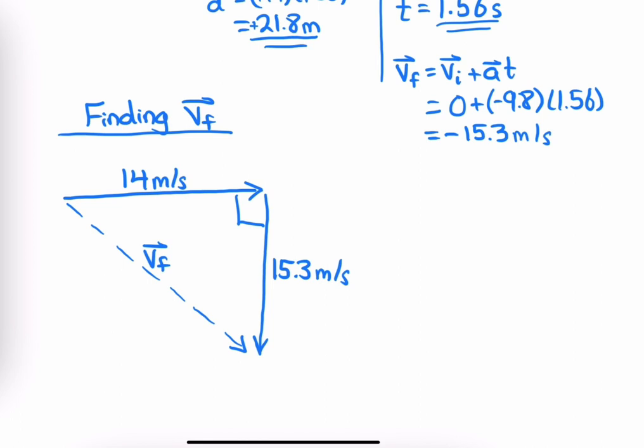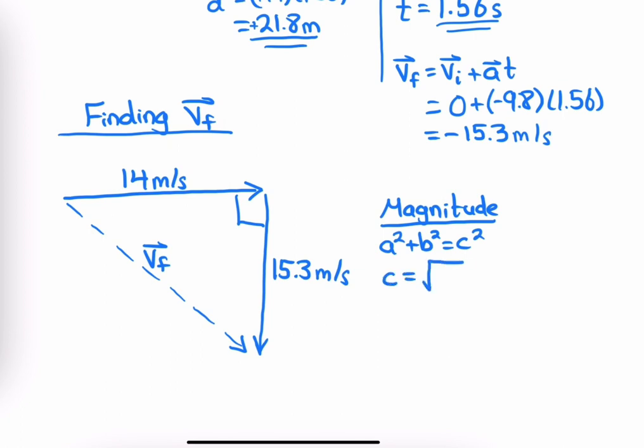So I want to find VF. Well, it's a vector. That means it has magnitude and direction. I'm going to have to find both of those things. I think I can find its magnitude using Pythagoras and its direction using SOHCAHTOA. Let's give that a try. So, magnitude. I'm going to use a squared plus b squared equals c squared. C is the thing I'm looking for.